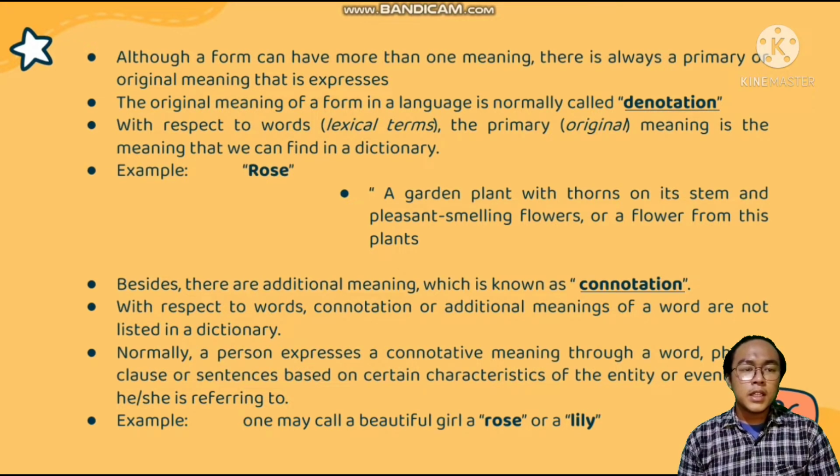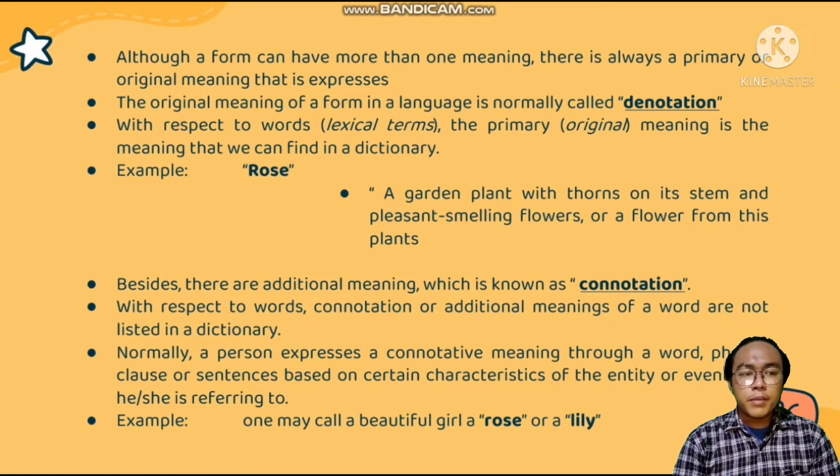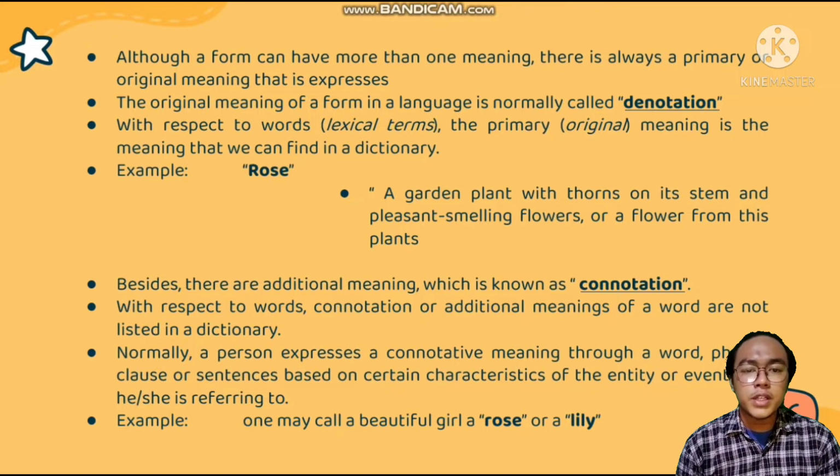Okay, the next is, although a form can have more than one meaning, there is always a primary or original meaning that expresses the original meaning of a form in a language, which is normally called denotation.